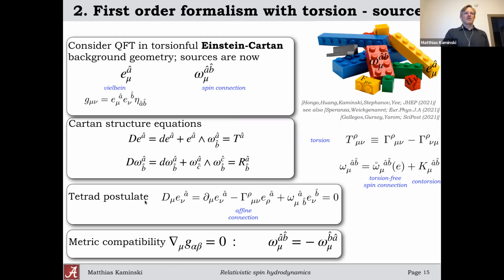The tetrad postulate is the postulate that this covariant derivative acting on the field line is equal to the standard partial derivative. Then it has an affine connection, and it has a spin connection piece. We have to be a bit careful because this affine connection need not be just a Christoffel symbol, because this description should allow for torsion to be non-zero.